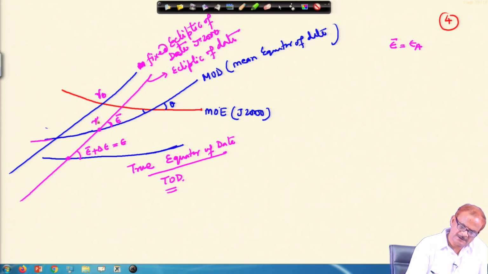And this is your final gamma point, which we write as gamma prime, the final vernal equinox of date.